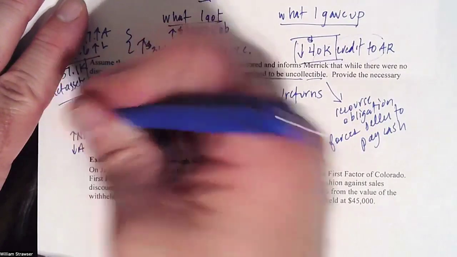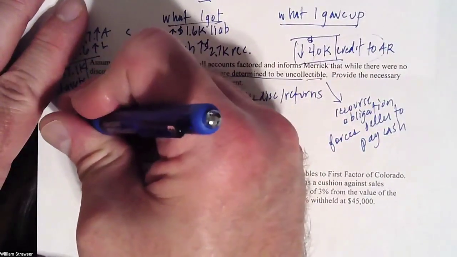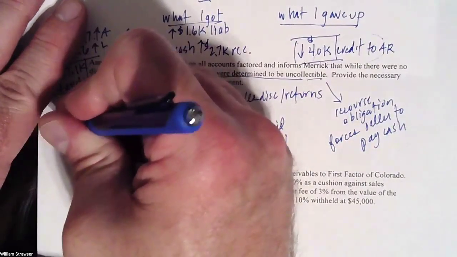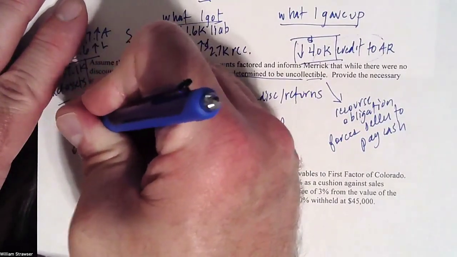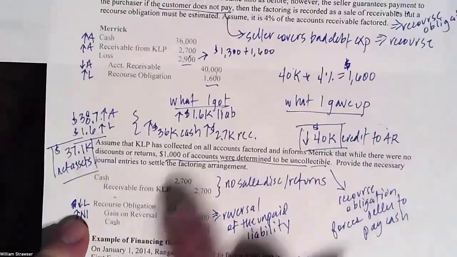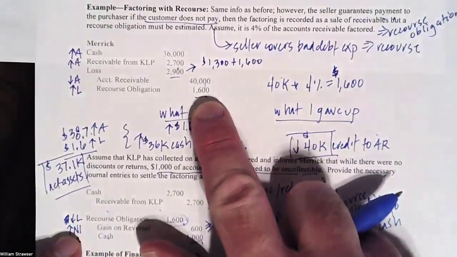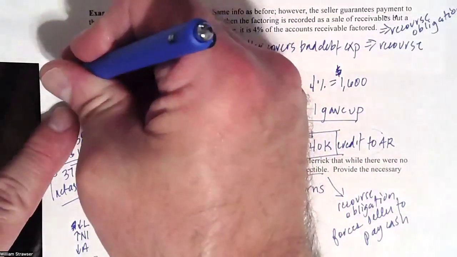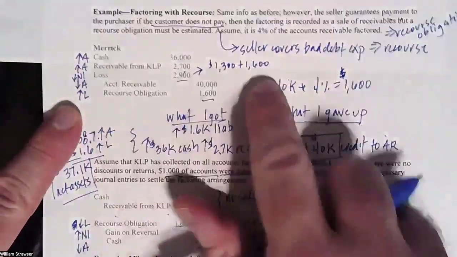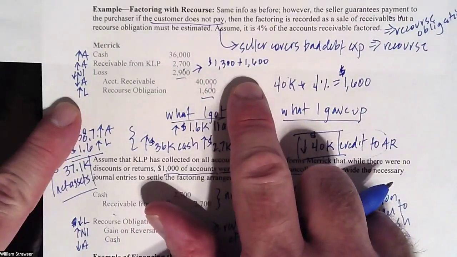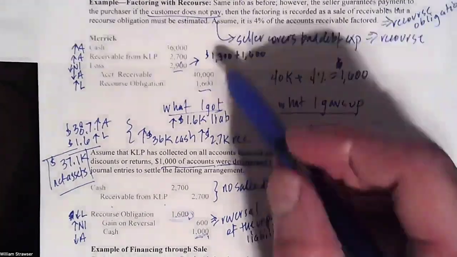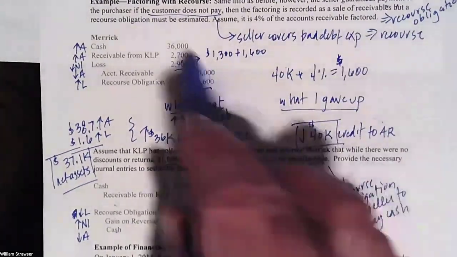Why am I recognizing a gain? You're thinking, well, okay, you avoided a bad situation, but why a gain necessarily? Well, remember, when I recorded this recourse obligation, it reduced my net income as a loss. It added to the overall loss that I recognized on the sale. So I had anticipated $1,600 of a loss in my net income when the sale happened.